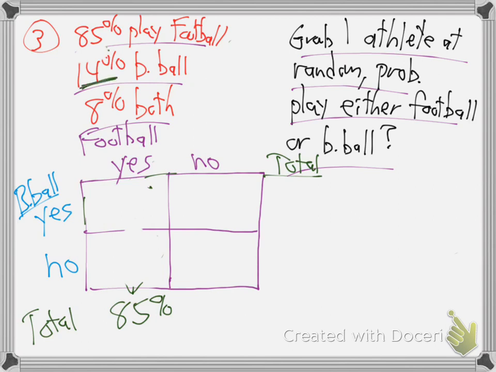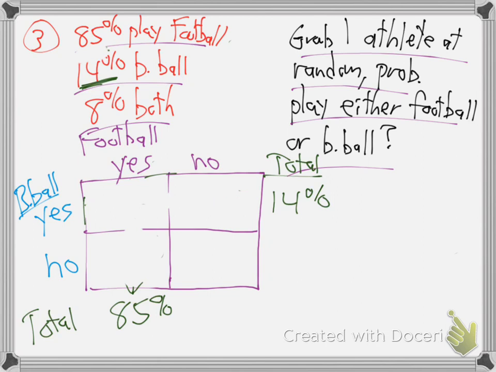Let's take the next fact. 14% play basketball. Where's that going to go? Right there. The yes basketball total. Again, they're just saying total percentage to play basketball. Does everybody see that? 14%.